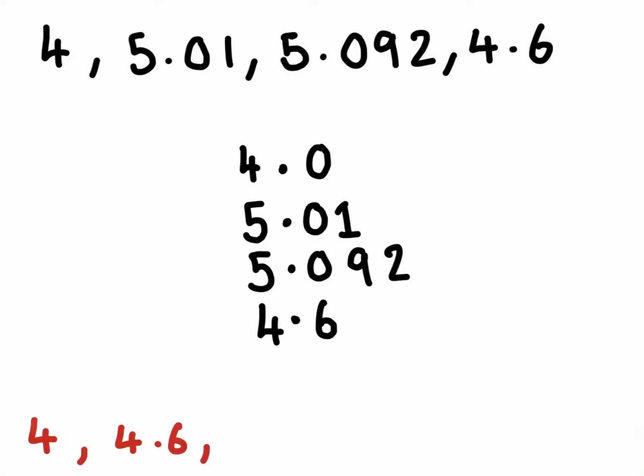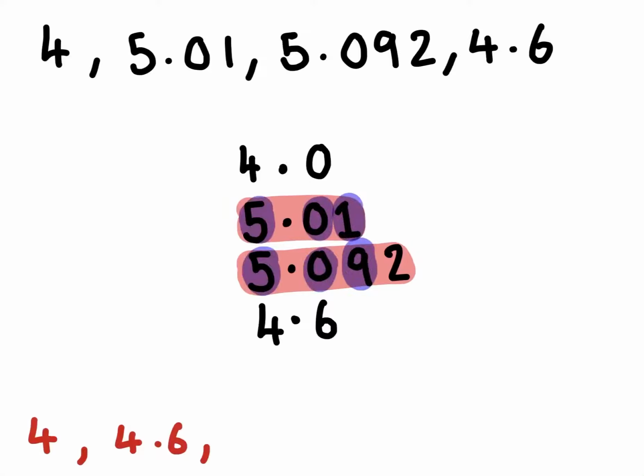And then we have the 5s. We have, after the 5s, 2 zeros. And then number 1, which is smaller than 9, obviously. So in order, we have 4, 4.6, 5.01, and 5.092.